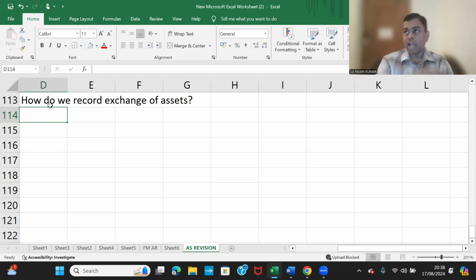Sir, if I buy the asset, I will record it. But what if I exchange an asset? So exchange of assets are classified into two.